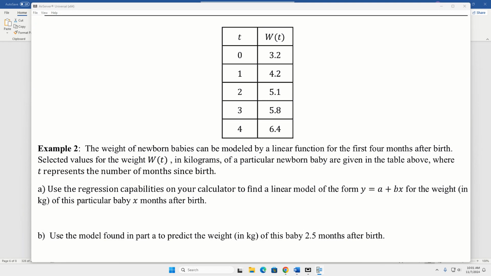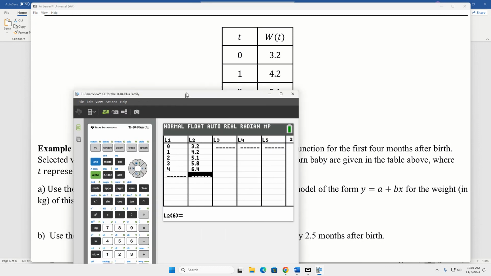We're going to use the regression capabilities of the calculator, and you can do this yourself, or you can just watch me do it, either one, to find the linear model of that form. Now, this form, the one where what you learned in Algebra 1, the y-intercept is first and the slope is second, is what they use in statistics. The other one will give you the same equation, but if they ask for it in that form, let's go ahead and give it to them in that form.